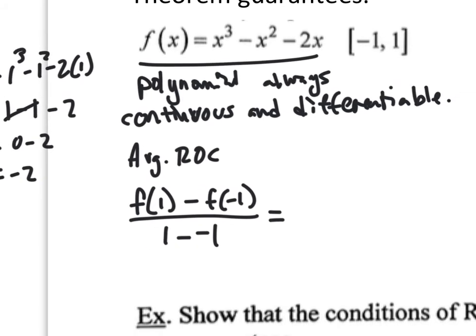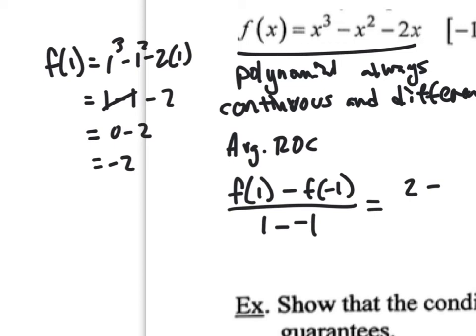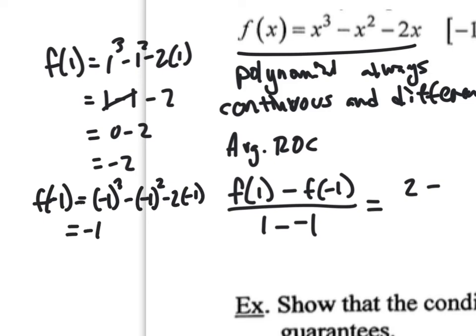So I'm going to write that this is equal to negative 2 minus, and what happens when I plug in negative 1? f of negative 1 is negative 1 cubed minus negative 1 squared minus 2 times negative 1. So I get negative 1 minus 1 and then plus 2. Negative 1 minus 1 is negative 2, plus 2, so that ends up giving me 0.